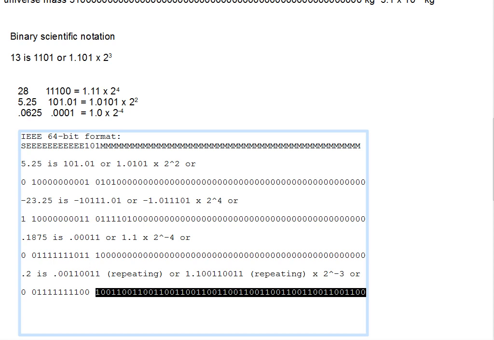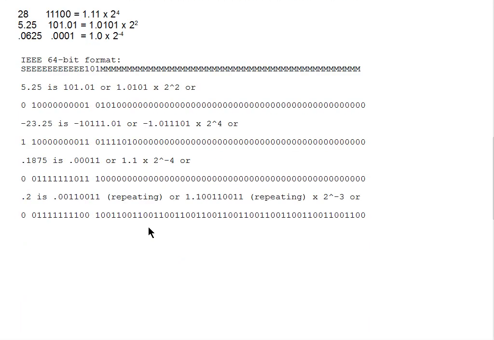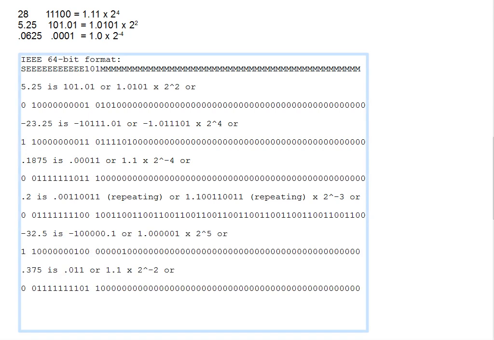Question 4. Write out the full binary values, including the sign, exponent, and mantissa, for minus 32.5 and 0.375. And if you've thought that through, the answer is minus 32.5 is negative 100000.1, or 1.000001 times 2 to the 5th power, or 1 and then 1028.